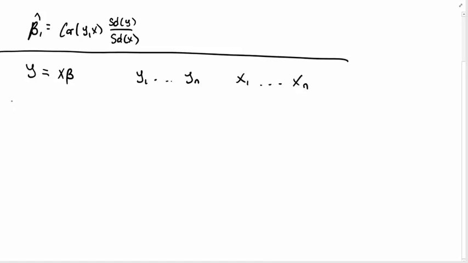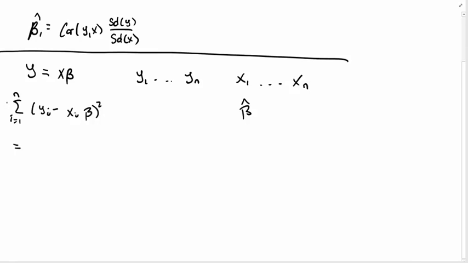I would like then to minimize the criterion, the summation of yi minus xi beta squared, where the sum is from i equals 1 to n. Let me let beta hat be the solution, and we'll see what has to happen about that solution to make it work.